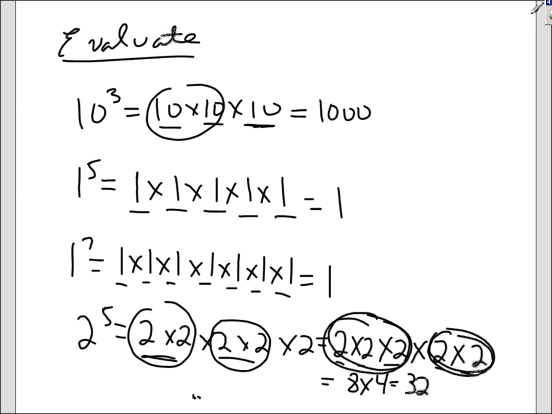Oh, 4 times 4 is not 8. 4 times 4 is 16. But 16 times 2, I don't know. I only know up to the 12 times table. Well, put this 2 in with the other group, and hopefully it won't go beyond 12. And it didn't. This is 4, that's 8. 4 times 8 is 32.